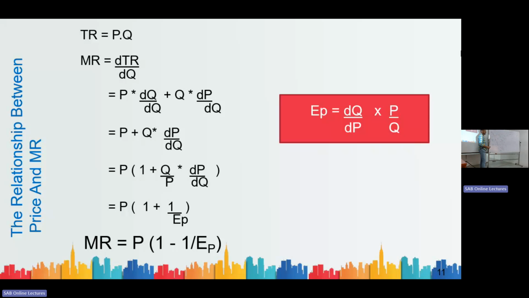Then substitute 0.5 for the price elasticity in our expression for marginal revenue. Price is 5. Price elasticity is 0.5. 1 over 0.5 is 2. 1 minus 2 is minus 1. 5 into minus 1 is minus 5.